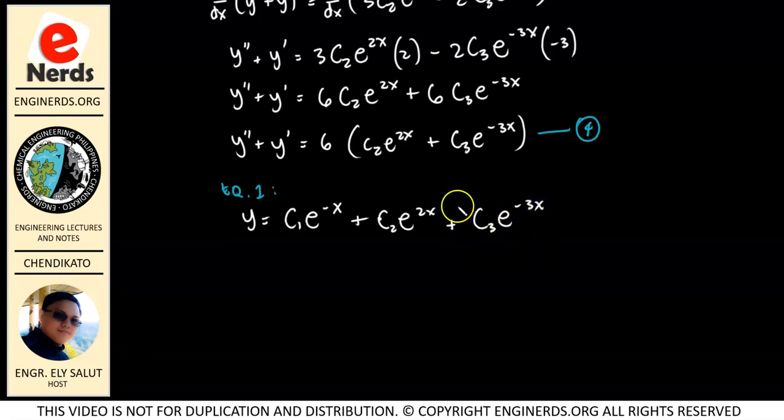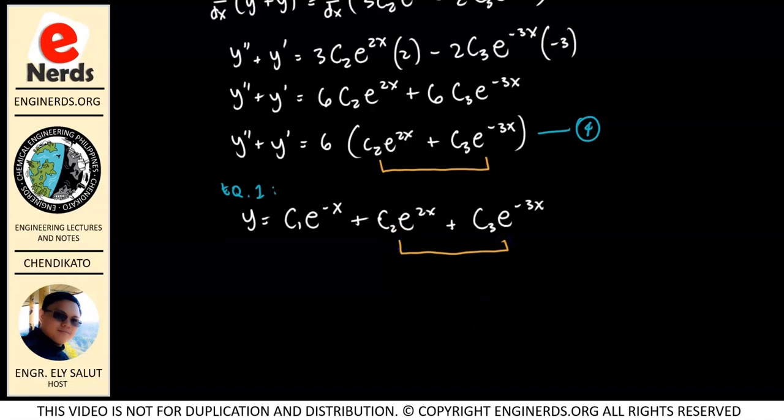That's our equation 1. So, one thing that you can notice here is that dito sa ating equation 4, we have c2e to the 2x plus c3e to the negative 3x, which is the same as this one.